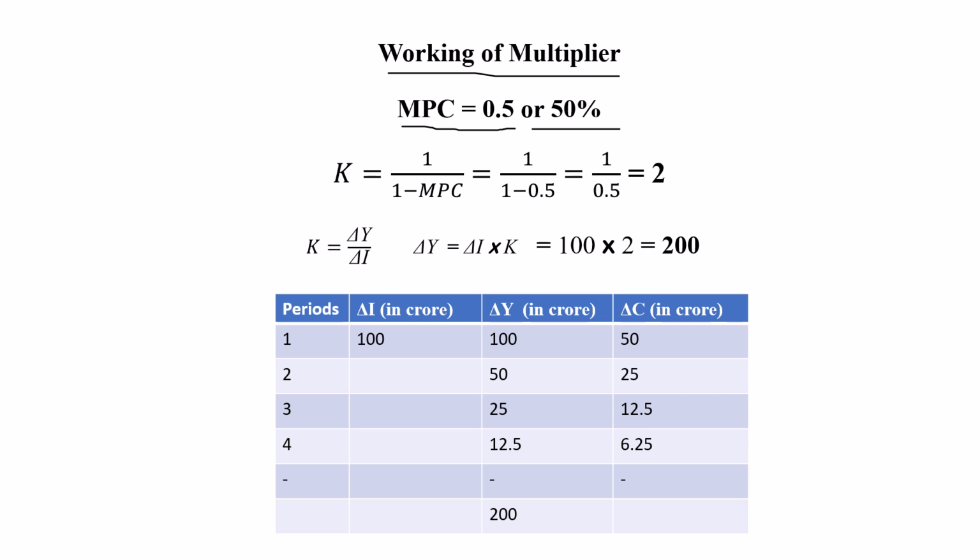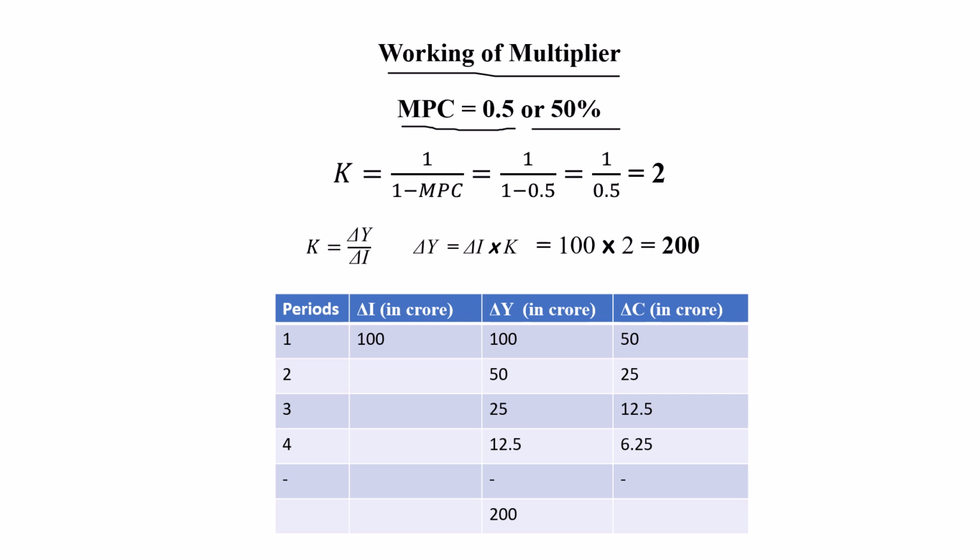In the first column, periods: first period, second period, third period, fourth period, and so on. The second column presents delta I, the change in investment in crore, the initial investment. The third column presents delta Y, the change in income in crore. The fourth column presents delta C, the change in consumption in crore.